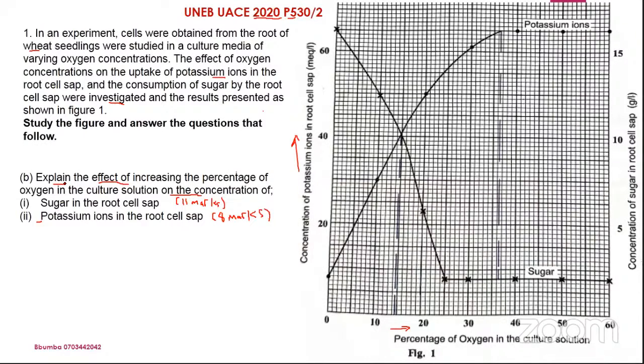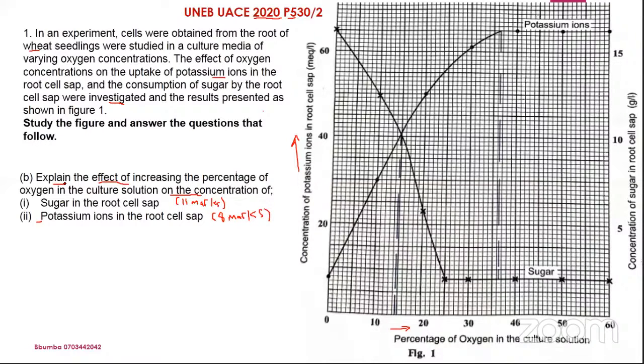From 0% of oxygen in the culture solution to 25% of oxygen in the culture solution, the concentration of sugar in the root sap decreased rapidly.